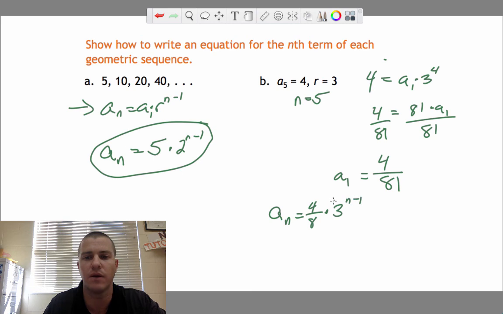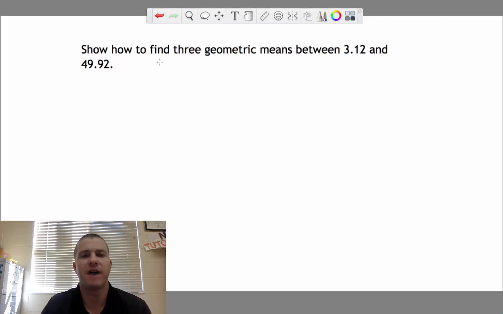This says to find the 3 geometric means between 3.12 and 49.92. So there's 3 geometric means between these two numbers. And so you have to notice this is the 5th term, this is the 1st term.